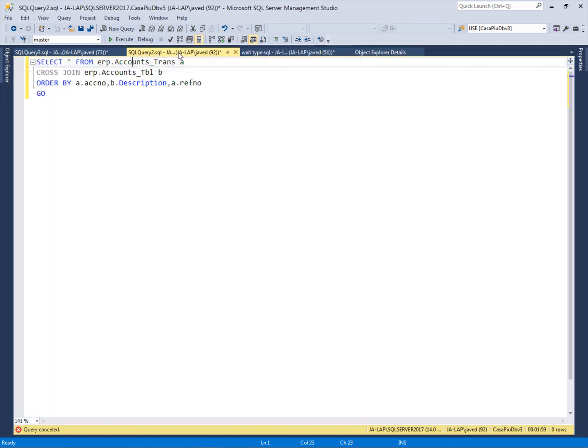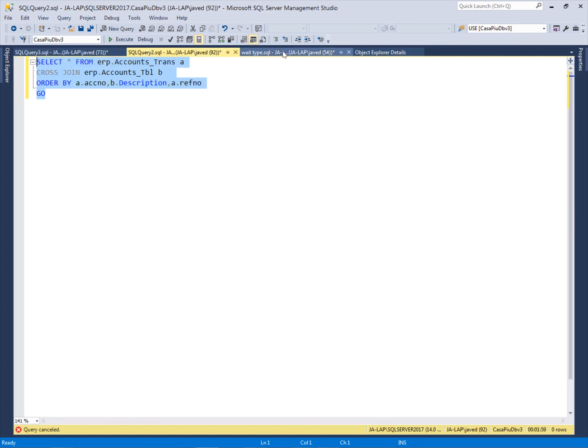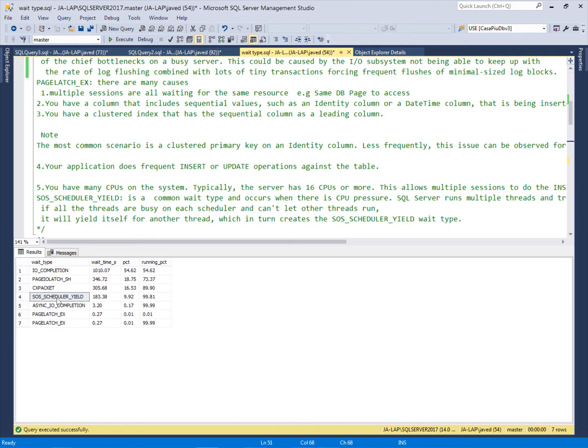For example, I used a query which has 12 million records, and I executed this query with multiple sessions. Now this query will create the SOS scheduler wait type, which shows that there is pressure on the CPU. If this number is high, we have to troubleshoot which queries are creating the pressure, and concentrate on those queries.